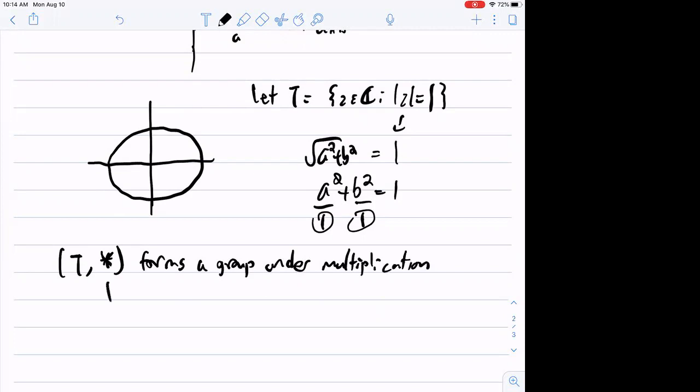It's due to the fact that the absolute value of a times b is the absolute value of a times the absolute value of b. And since they're both 1, this is 1 times 1. So the product remains in T, yeah? It doesn't really hold for absolute value 2 or whatever. It only holds for the unit circle.